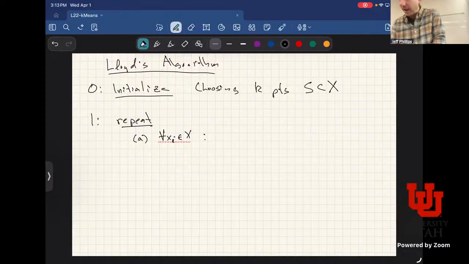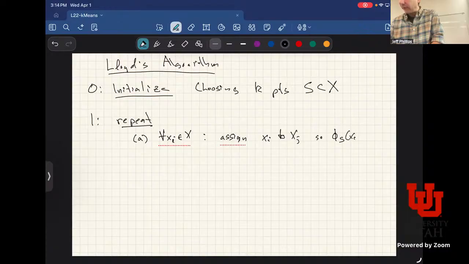Okay, so the first step is actually to compute this phi mapping. So I'm going to assign each xi to sj. So phi of S of xi equals sj.